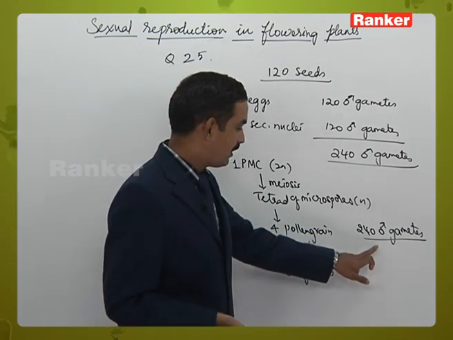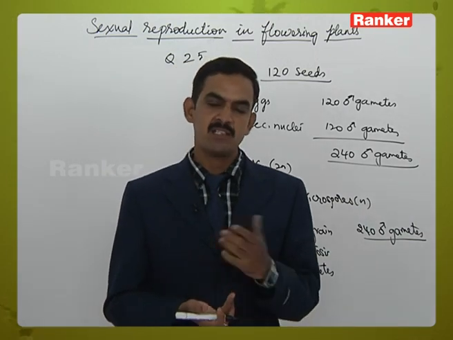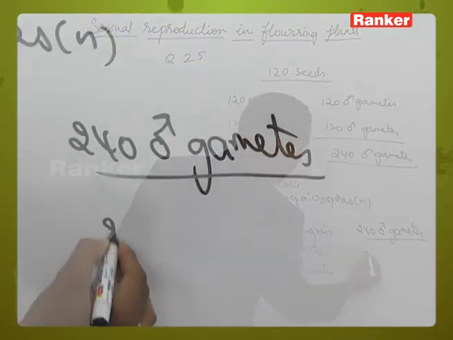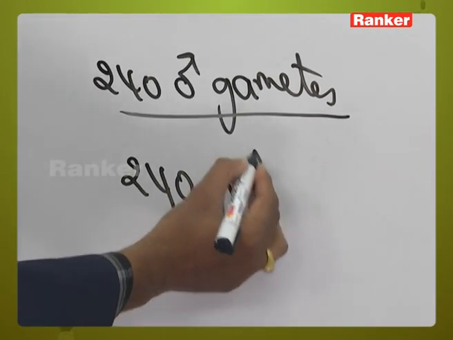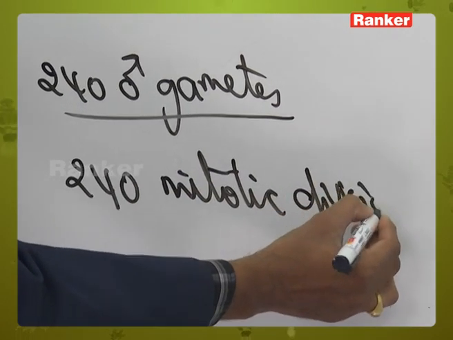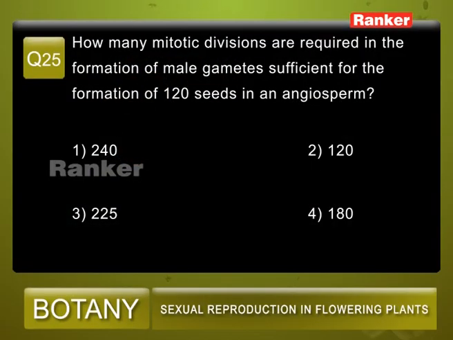So if 240 male gametes are required, how many mitotic divisions are required? It is the same number as that of male gametes. That means they require 240 mitotic divisions. Okay, from the given options, question number 25, the correct answer is 1, that is 240 mitotic divisions.